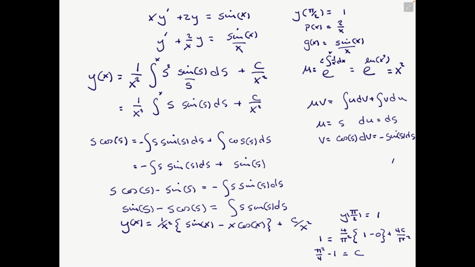And so we have y of x is equal to 1 on x squared times sine of x minus x cosine of x plus pi squared on 4 minus 1 on x squared.